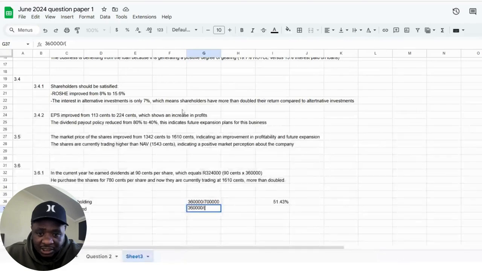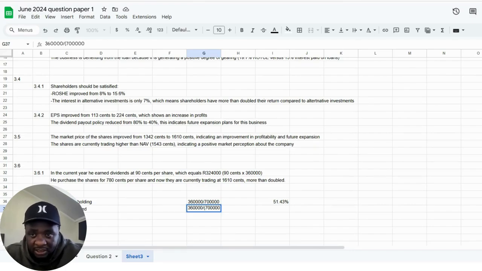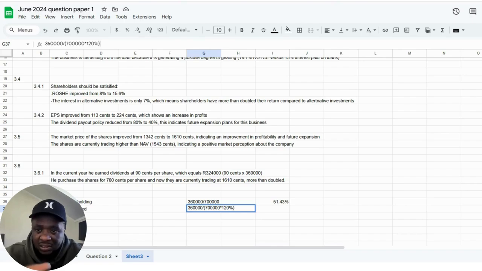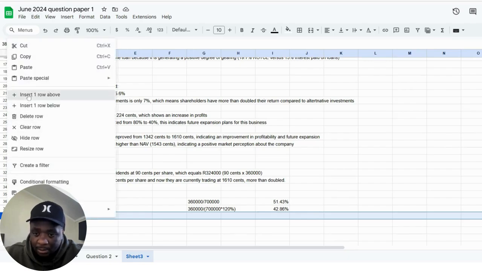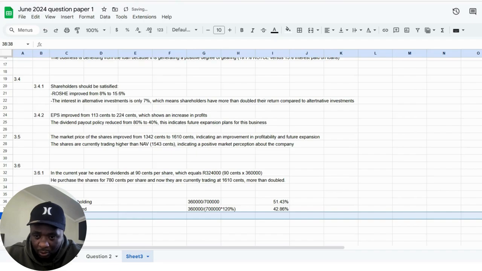That means the shares that had been issued, which is 700,000, will have 20% more issued. So we're going to take 700,000 and multiply by 120%, or you can just multiply by 1.2. So now your new denominator is that, and the shareholding after that will be 42.86%. And then how is this going to affect him? Let's state our points.